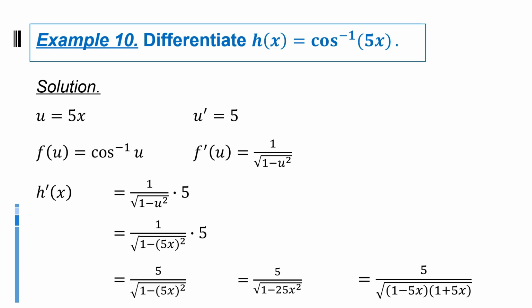Or that is 5 over square root of 1 minus square of 5x. Or equivalently, pwede rin siyang gawing 5 over square root of 1 minus 25x squared, or 5 all over square root of 1 minus 5x times 1 plus 5x.